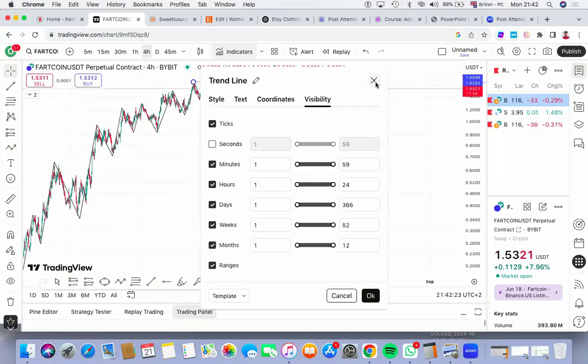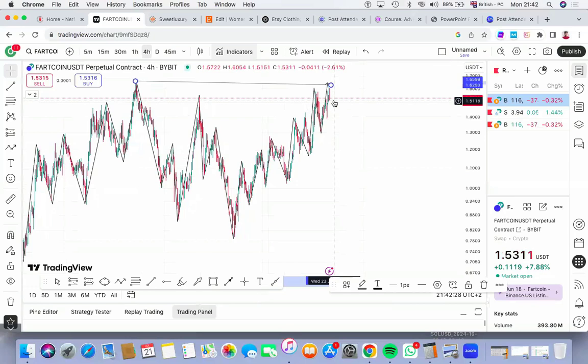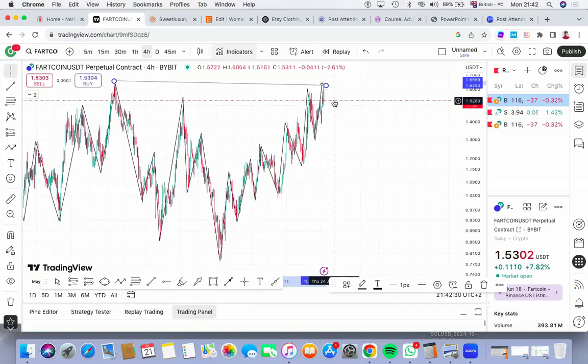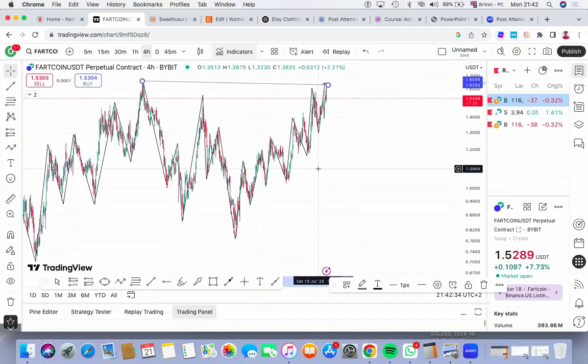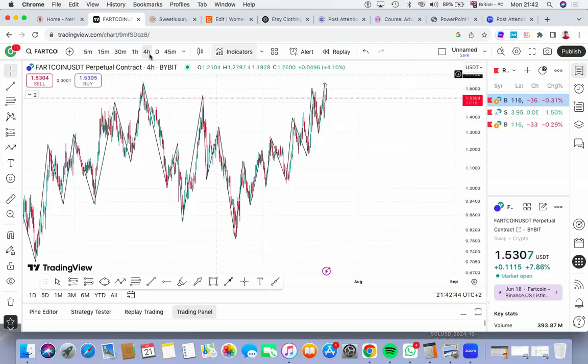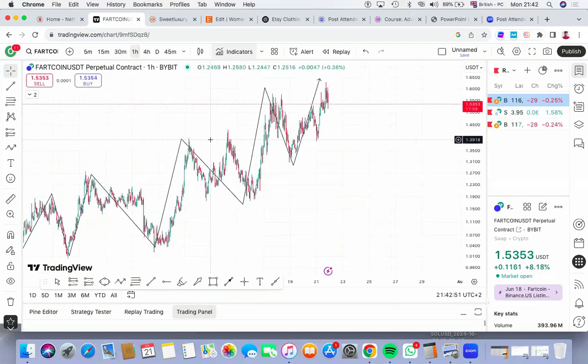So we know that we are going bullish here. In fact, the direction of this market is bullish. So now that I have done this and known the direction of this trend, and it's bullish, I then come down to my hour time frame to draw my structure.